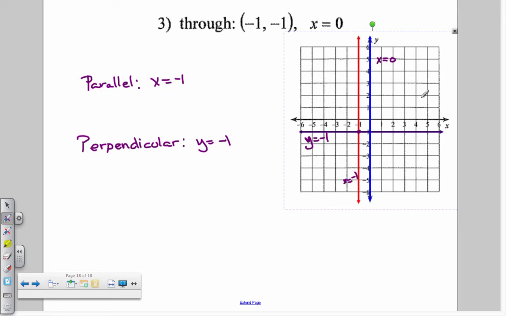So notice I didn't really need the graph here in order to write these two equations, but it's kind of nice to see that. But our parallel lines will always be, if it is an x equals and it is a vertical line, it will be another vertical line going through this same point, the x. Our perpendicular line will be a horizontal line opposite what our given is, and so it'll be the y equals negative 1, getting from our point there.